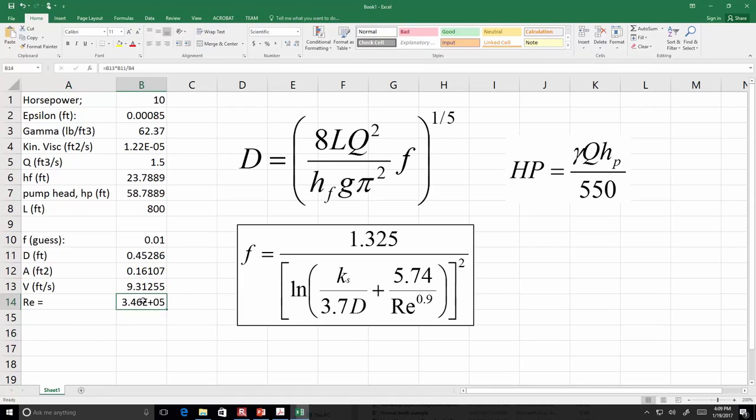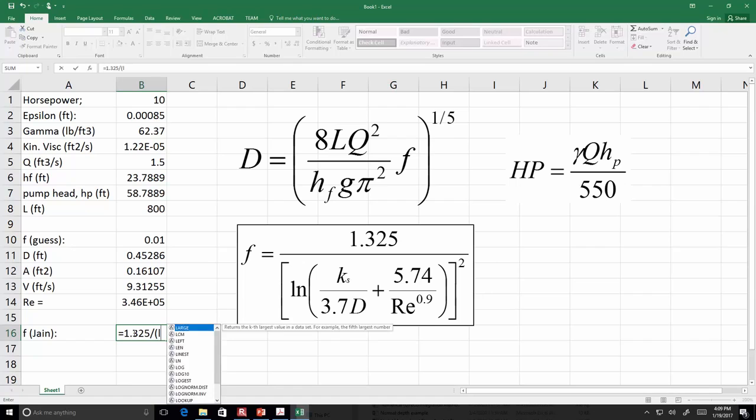Now that we've got a guess F value, this is like a better guess of the Reynolds number, and we can use that to calculate an improved F value. So this F value is from Jain. It's not just like a raw guess in the same way that the first one was. So now I'm going to type in the Jain equation, 1.325 divided by the logarithm of K sub S over D. So K sub S is the same thing as epsilon.